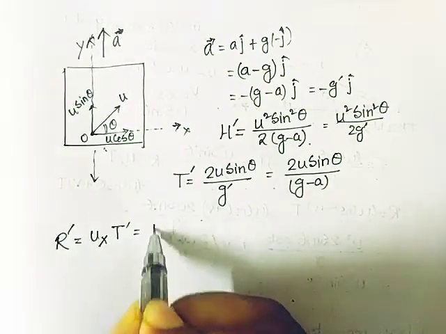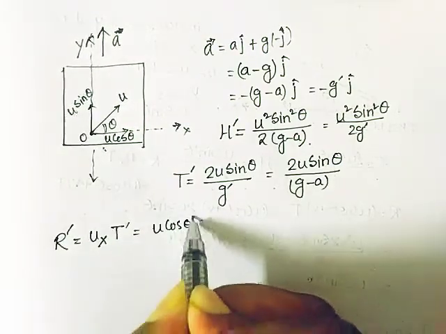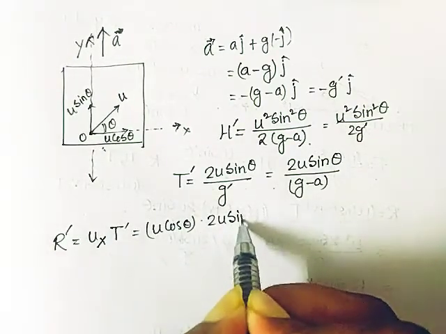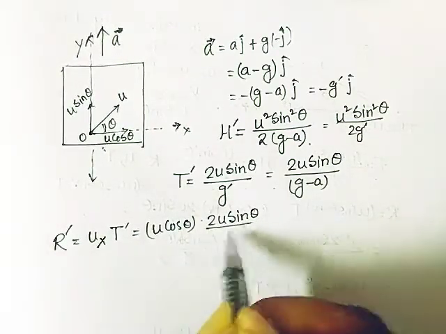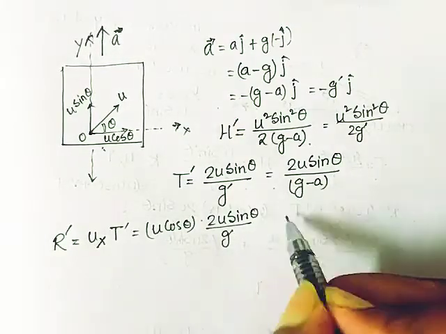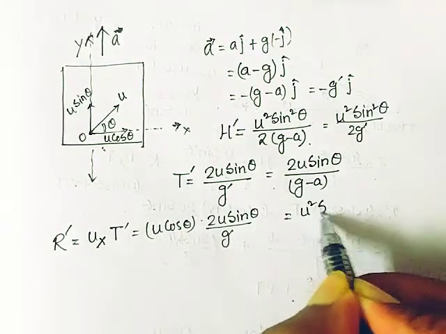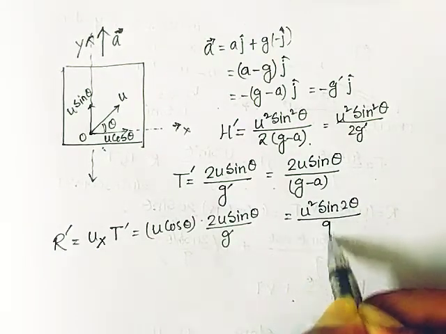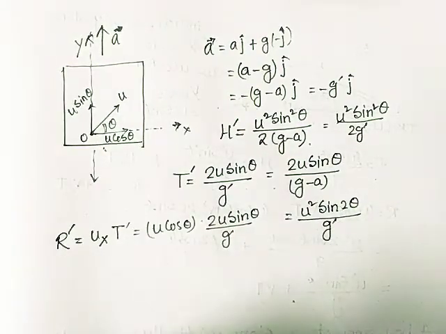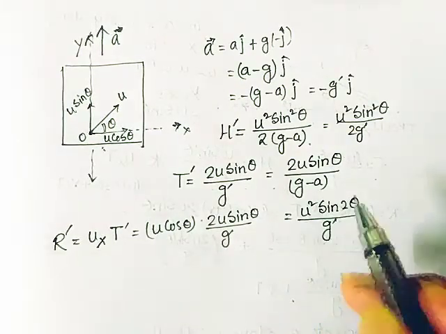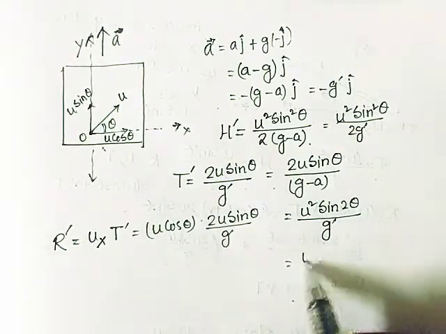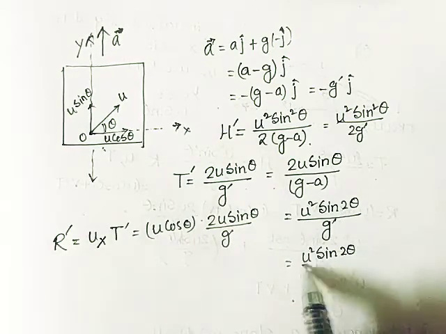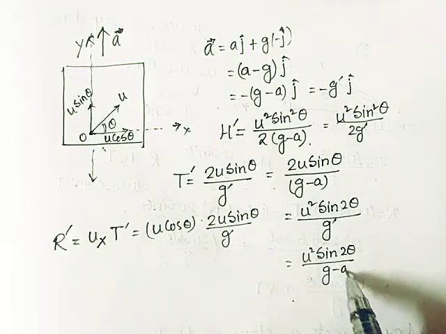What is ux? ux is u cos theta. What is t prime? t prime is 2u sine theta divided by g prime. So it becomes u square sine 2 theta divided by g minus a.